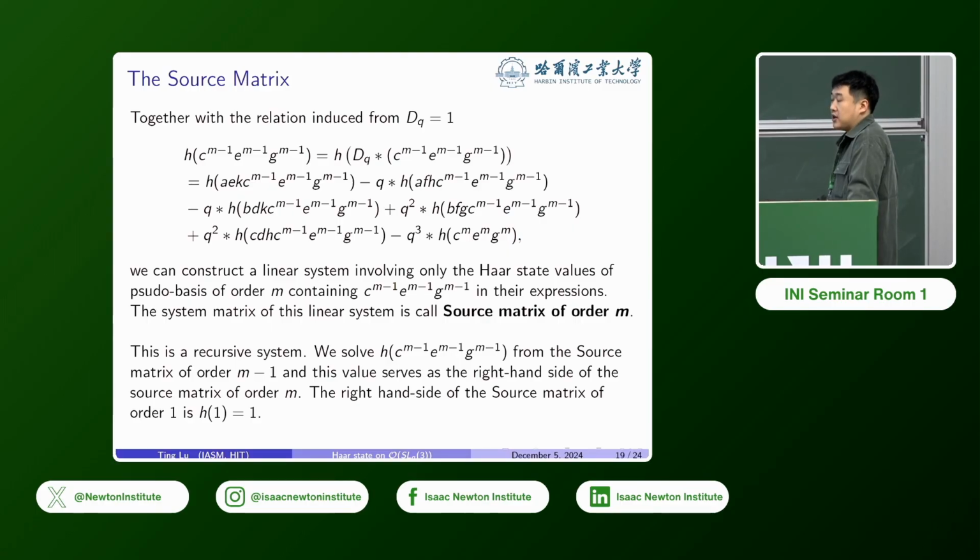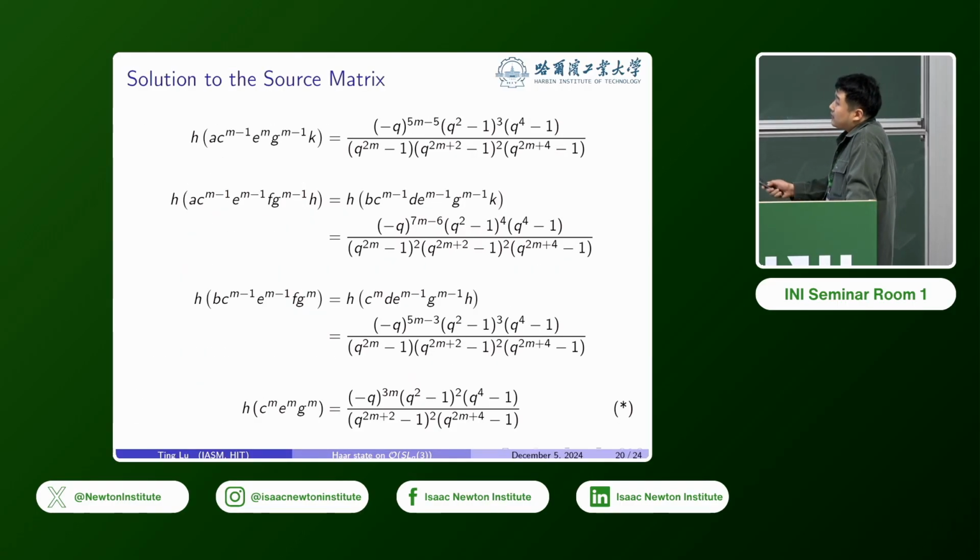So this is going to be a recursive system. You will first solve the Haar state of this monomial from the source matrix of order M-1, and then use that as the right-hand side. And by the way, the right-hand side for the first-order source matrix is just 1 equals 1. And then for information, this is the solution to the source matrix, and the last line is our first result.